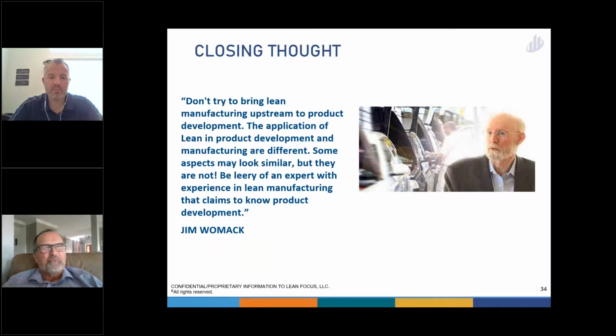I remember one of my first engagements, the engineering manager said to me, the last time someone told us about lean, they drew a spaghetti diagram around the Xerox machine because they wanted to minimize the time people were spending making copies. And that's exactly what Womack is talking about here.